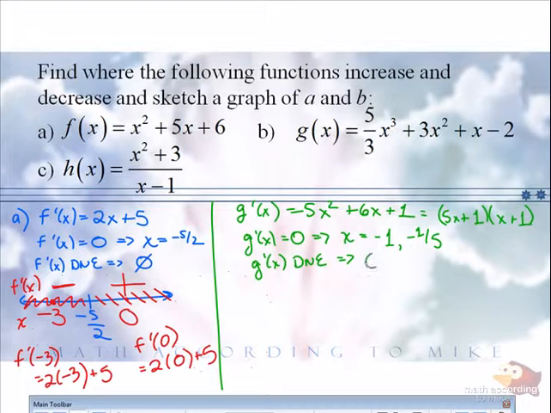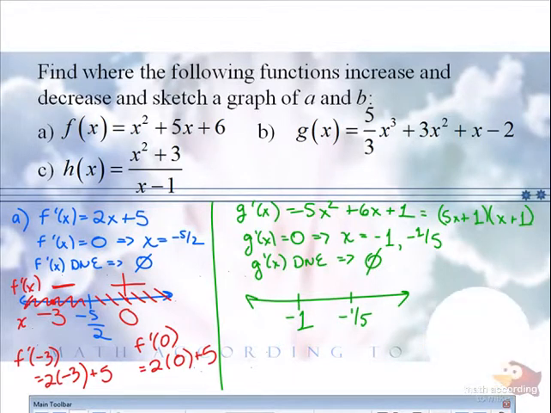So what numbers are we putting on our number line? Also be careful. Make sure you put the numbers in the right places as far as left or right. So I need a number left of negative 1.